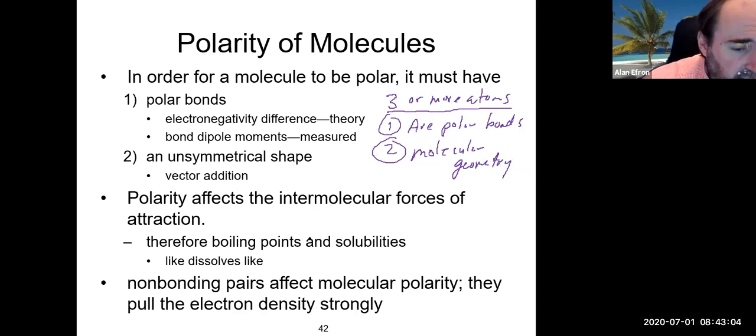So not the electron pair geometry, but the molecular geometry or the shape of the molecule. So you have to look at those two things when you're trying to determine, is a molecule going to be polar or non-polar? You have to first see, is there polar bonds? And again, if there are polar bonds, the geometry of it.